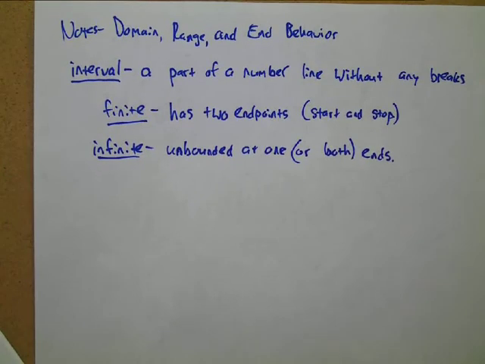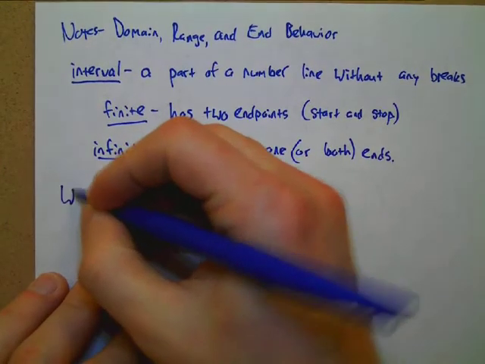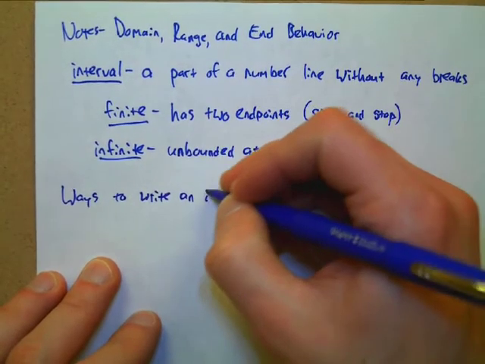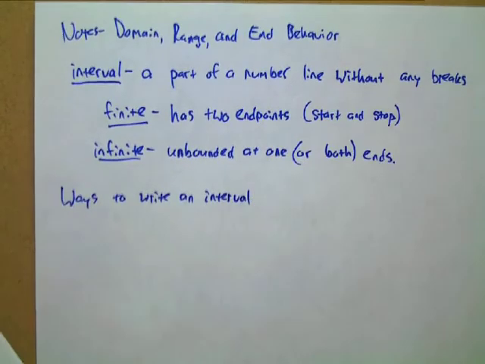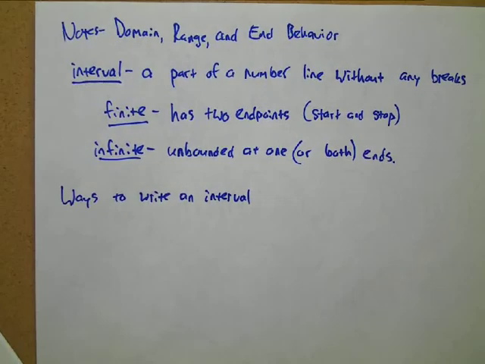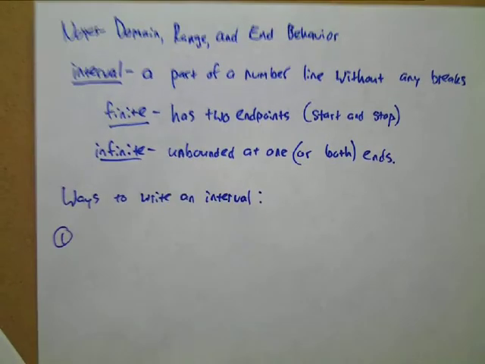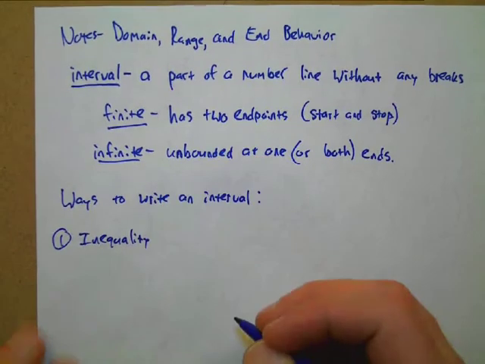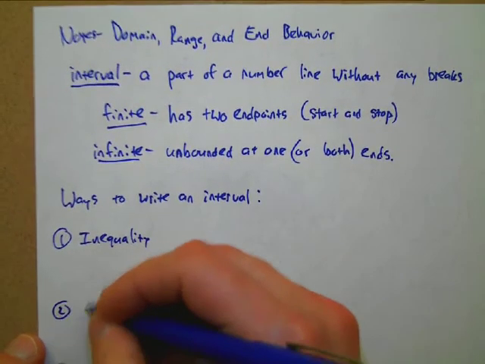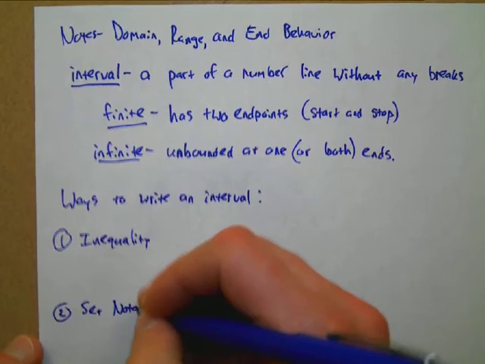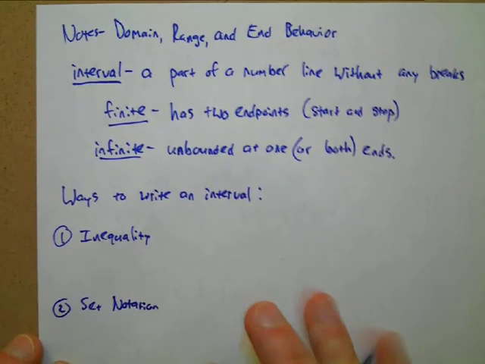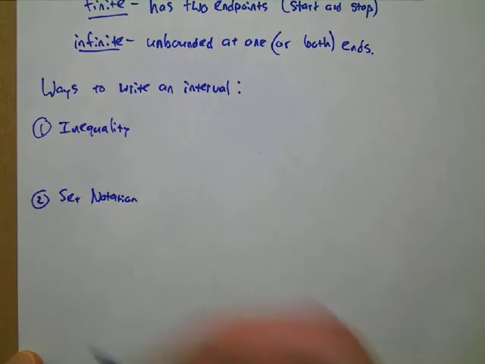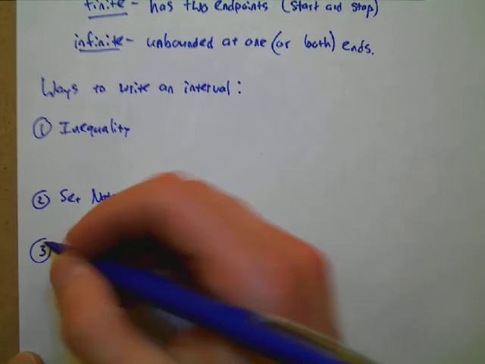So let me show you some different ways to write intervals. We're going to go over three. You can use an inequality. You can use something called set notation, which personally I think is kind of silly because it looks so similar to inequalities.